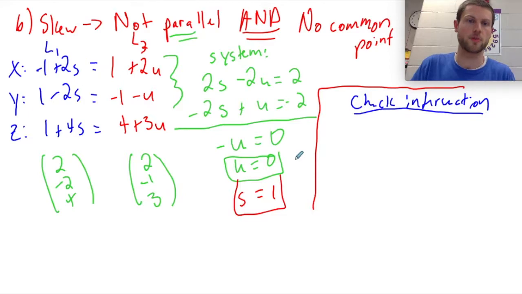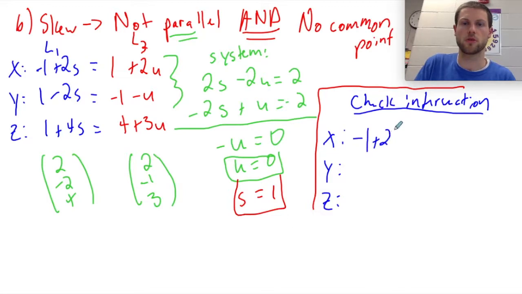And the way that we do that is just by plugging in these u and s values for z. And I can do that actually for all three of these. We can take x, y, and z, and we can plug in 1 for all of these s's, and 0 for all of these u's. So let's take -1 plus 2 times 1. Let's take 1 minus 2 times 1. Let's take 1 plus 4 times 1.